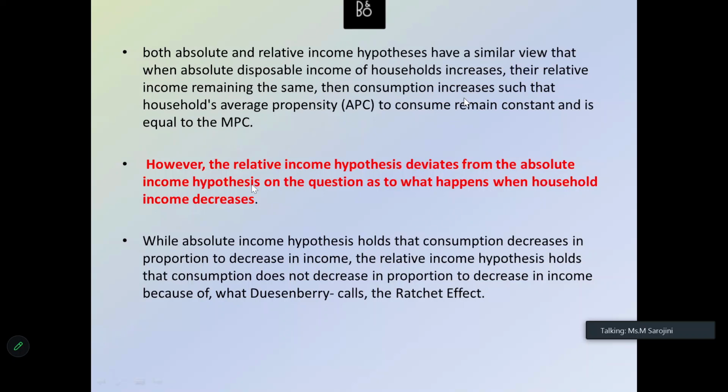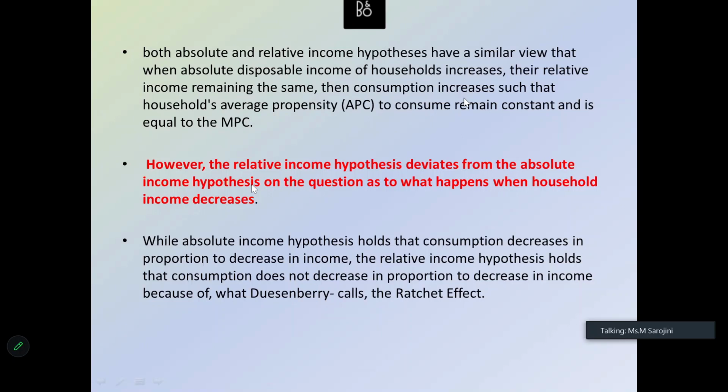When absolute income increases, consumption will increase according to the psychological law of the Keynesian absolute income hypothesis. On the other hand, once the absolute income decreases, consumption also decreases. That means consumption is determined by income.